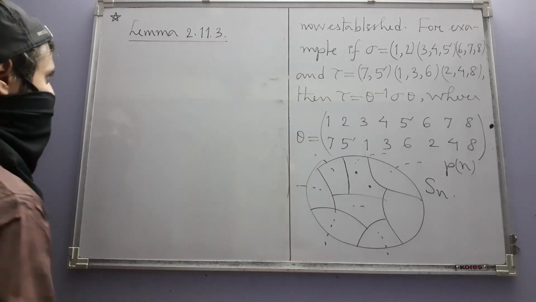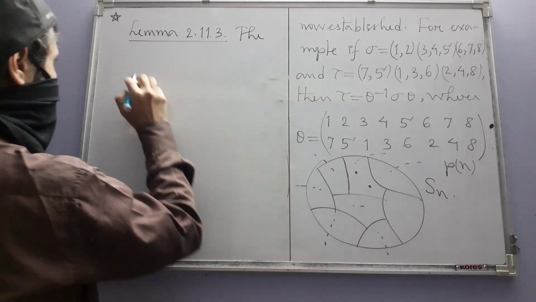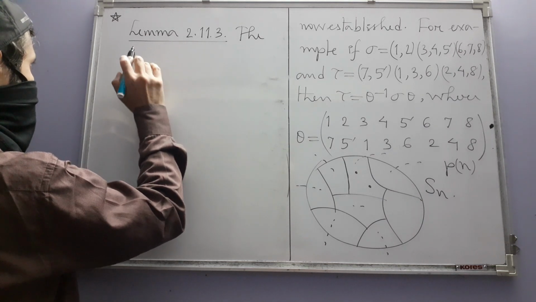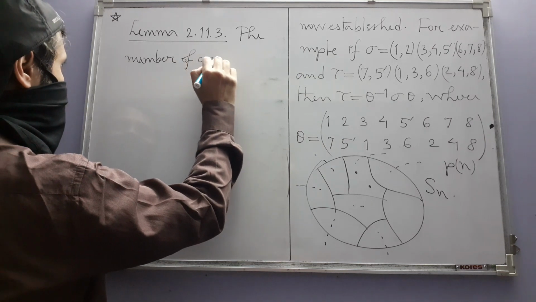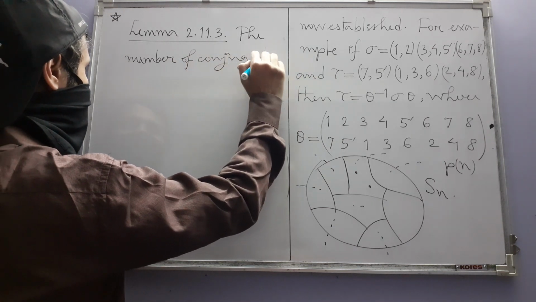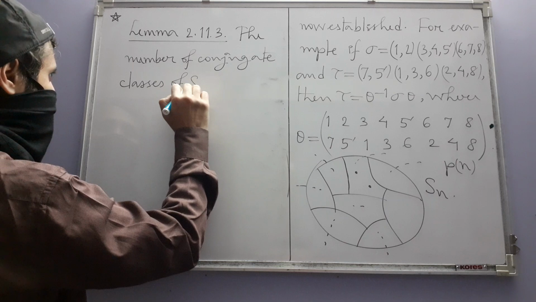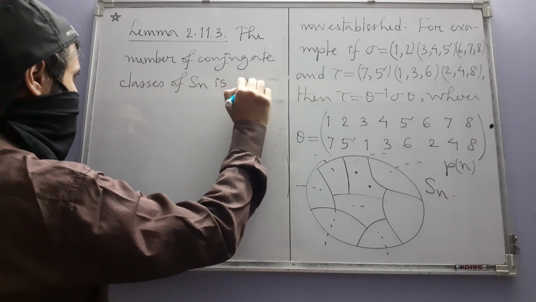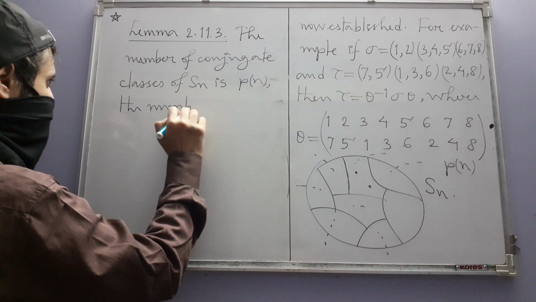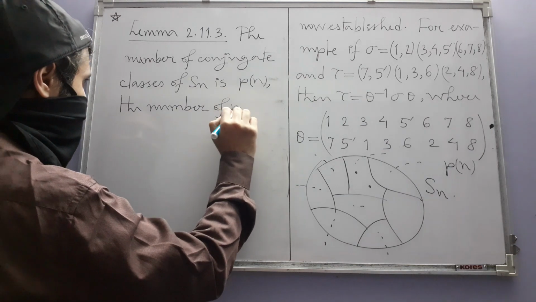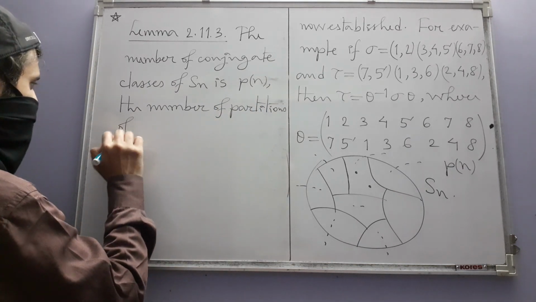Lemma 211.3: the number of conjugate classes of Sn is P of n, the number of partitions of n.